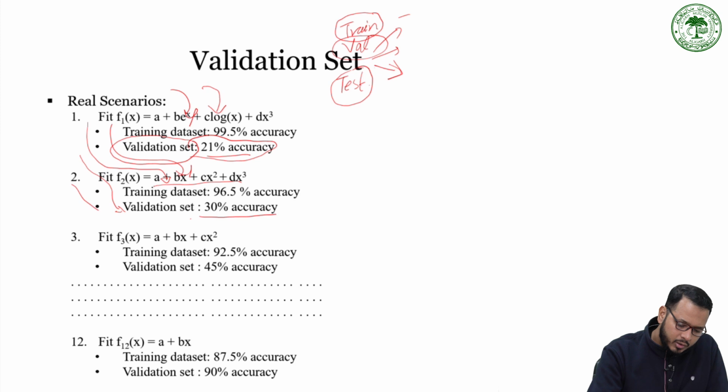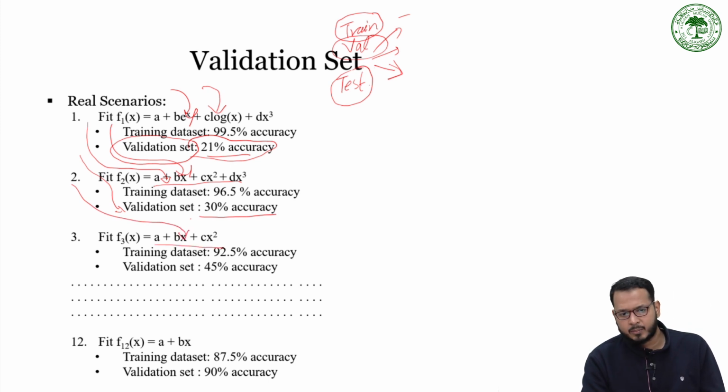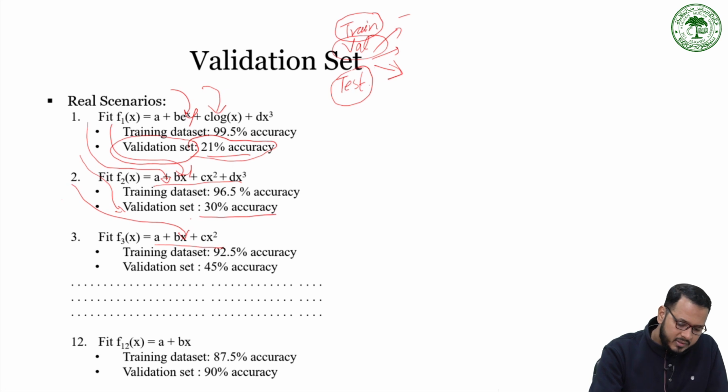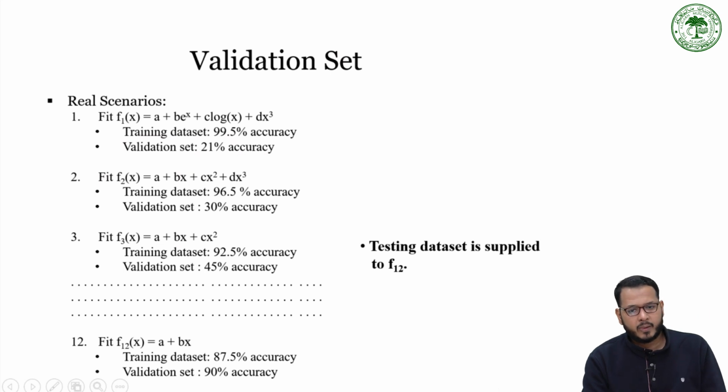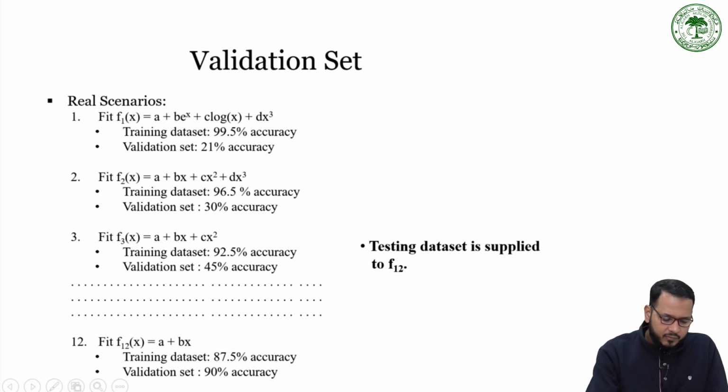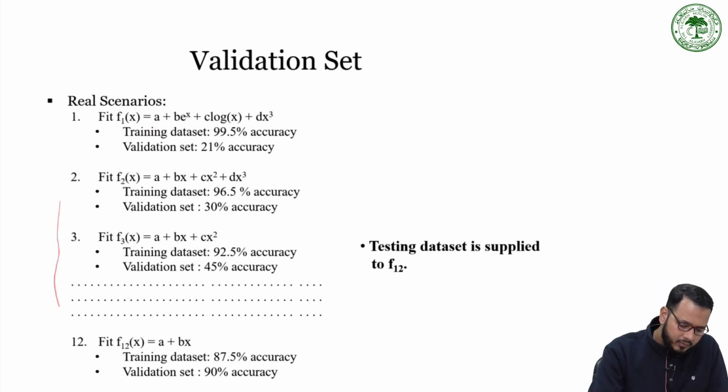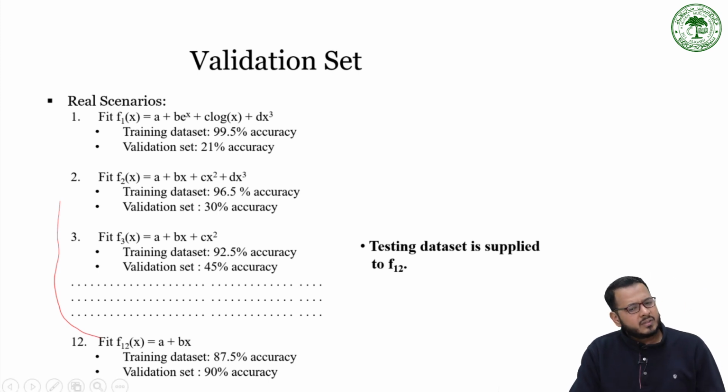We further reduced the complexity and considered once again a simpler model. The performance on the validation set increased, but not up to the mark once again. And then finally, we came up with this model here, which gives us a decent training data set performance and a decent validation set performance.